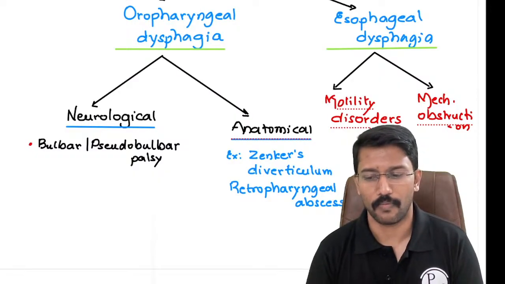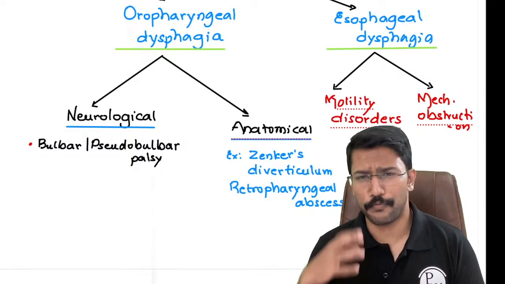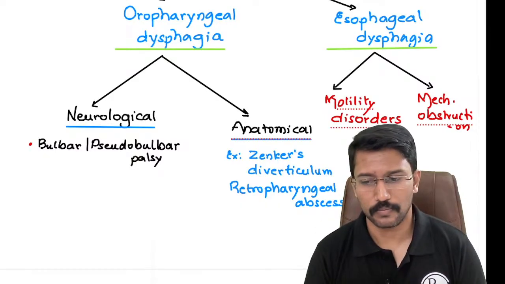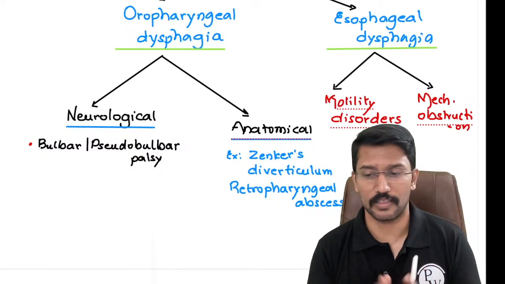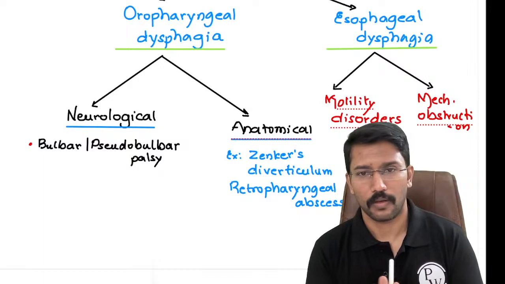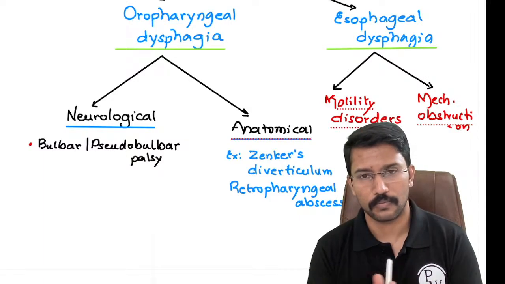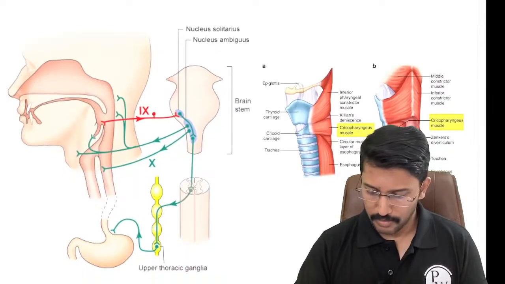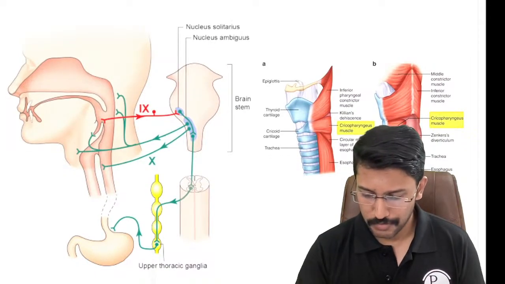In neurology, which part of the nervous system do we call the bulb? Okay. So, when you look at this anatomy, I was showing you this image.